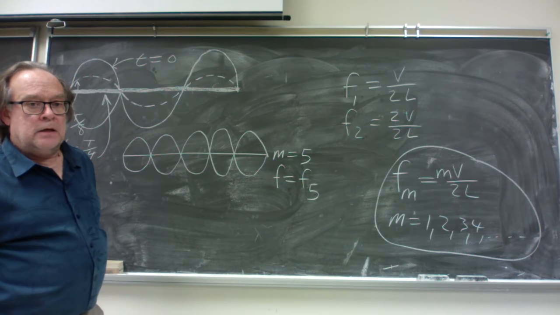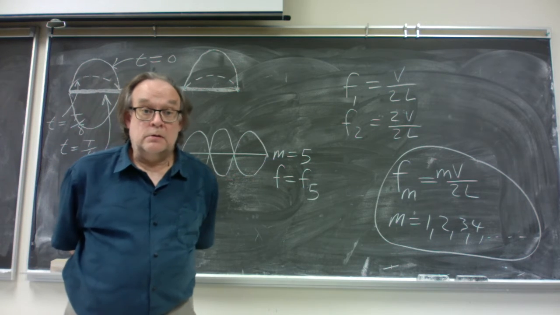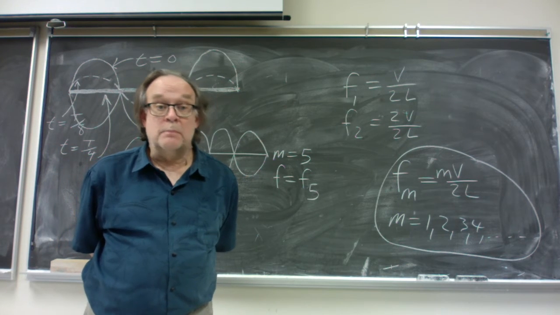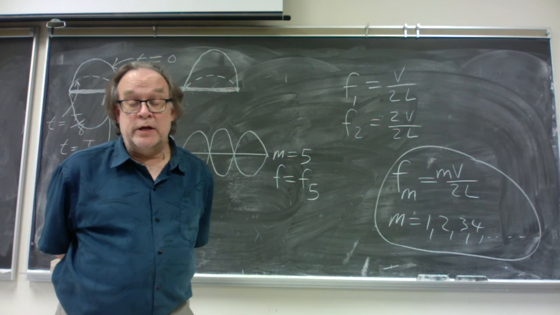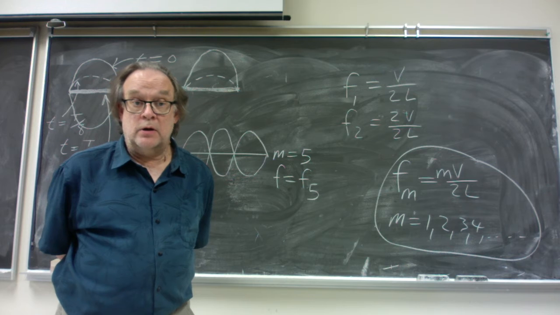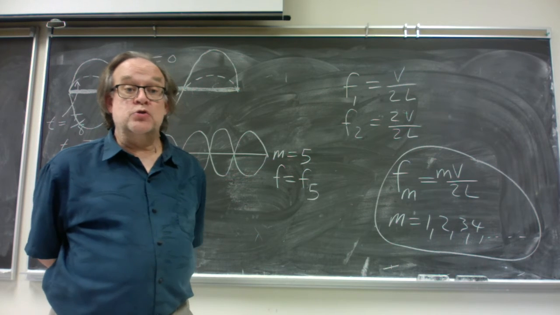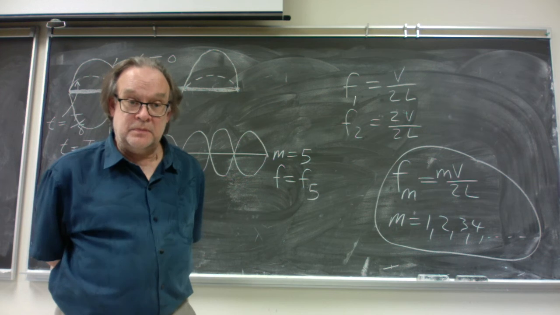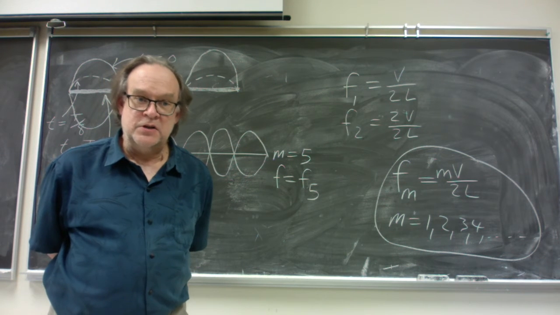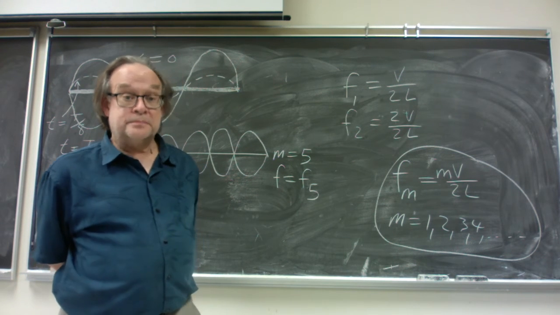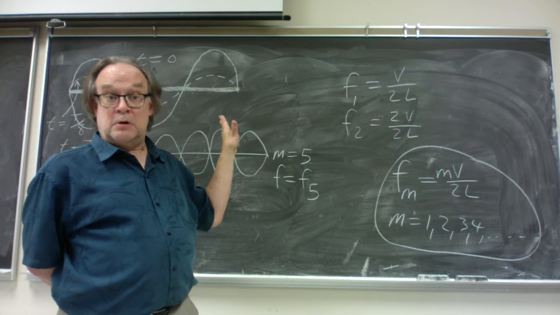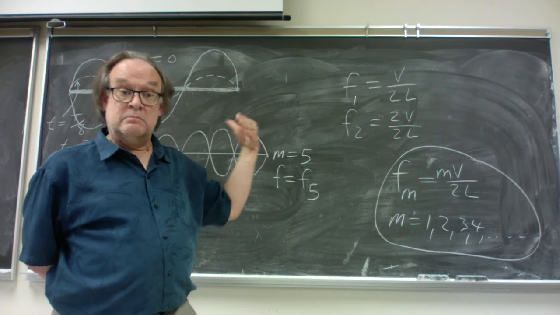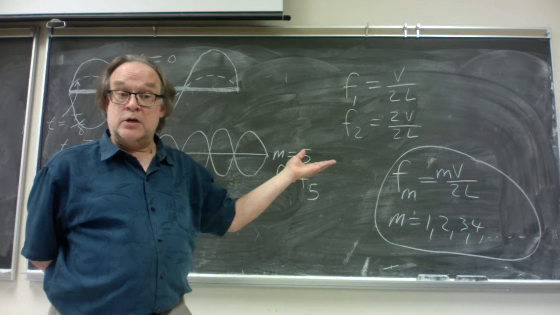Now, in a real situation, like a stringed instrument, a guitar, a piano, the actual vibrations are a lot more complicated. The actual vibration is a superposition of lots of different waves at different frequencies. It'll be a superposition of a whole bunch of standing waves.